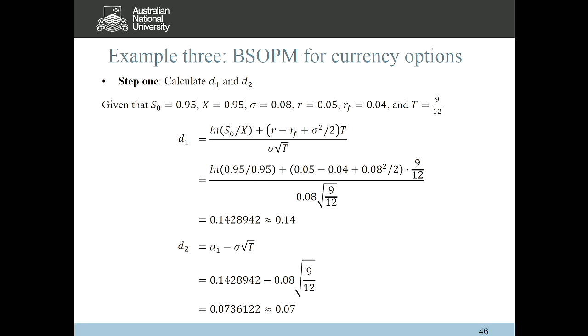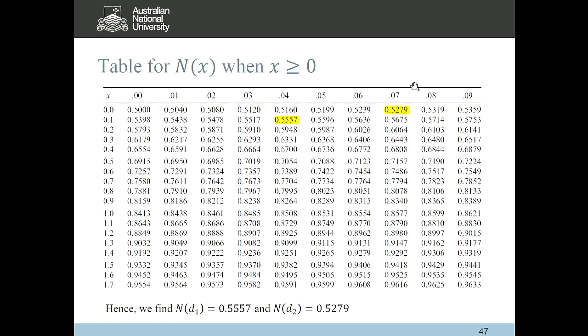Remember what we did next is you go to your statistical table to find the corresponding probability for D1 and D2, right? So let's do that. So the D1 is 0.14, right? So we go to the table where the value is positive. So 0.1 is here. Then look across to the right. We found 0.04. That is associated with 0.5557.